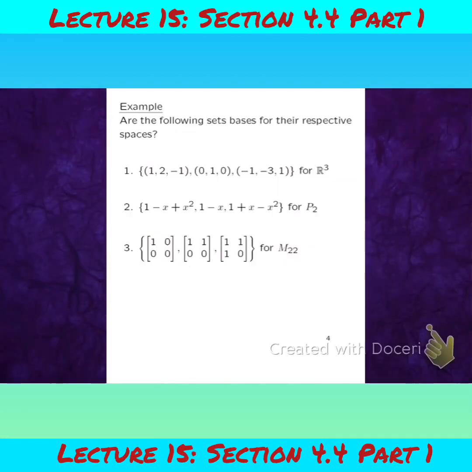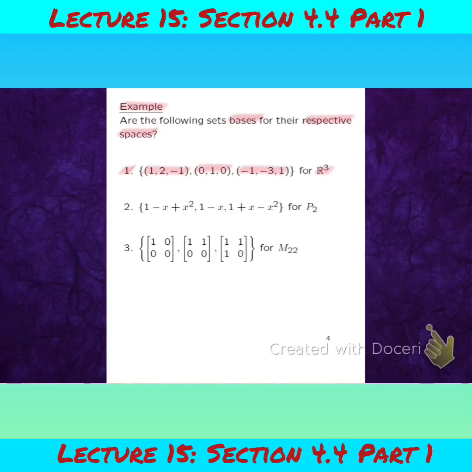Okay, so in this example, we want to answer the following question. Are the following sets bases for their respective spaces? The first one: is the set of three vectors a basis for the space R3?